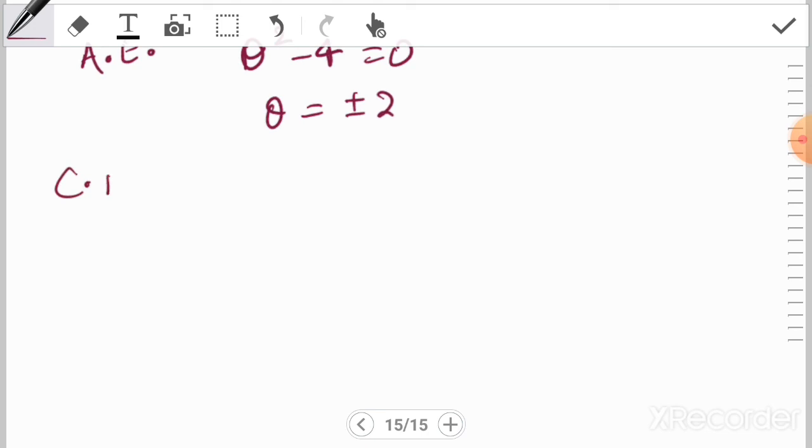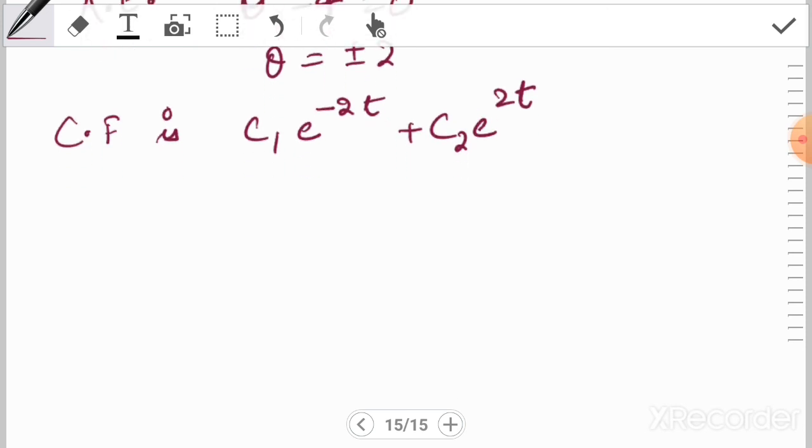Then complementary function is c1 e raised to the power minus 2t plus c2 e raised to the power 2t. Then solution is y is equal to c1 e raised to the power.